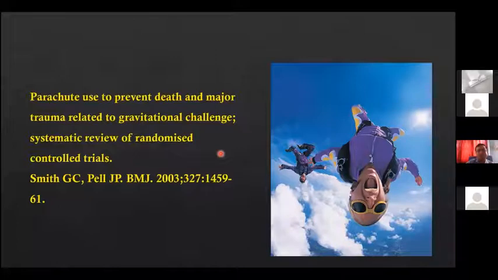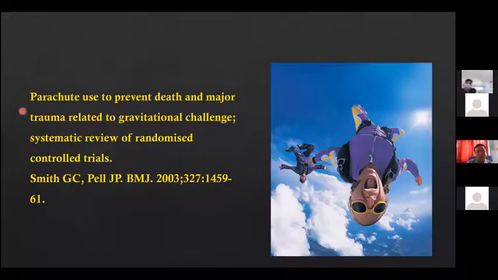What they mean to say is, yes, randomized controlled trials and framing of the question are important, but they should not take away the importance of common sense and clinical judgment.